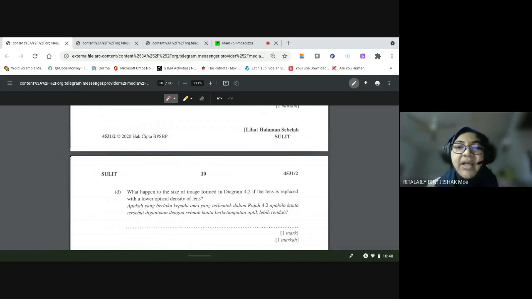So, bila refractive index lebih rendah, focal point pun lebih dekat. Tak silap saya, focal point tu lebih jauh. Sorry. Focal pointnya akan lebih jauh. So, size of image will become smaller.